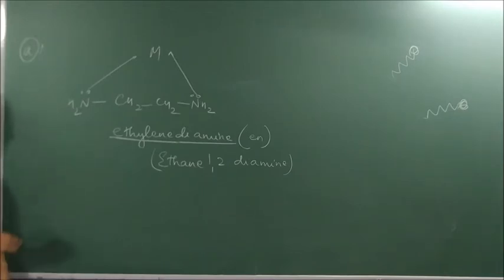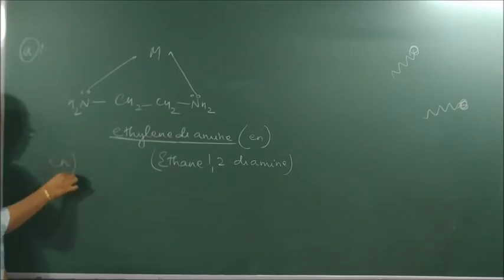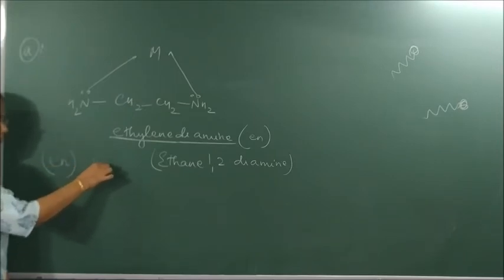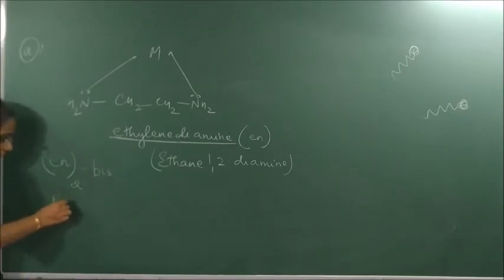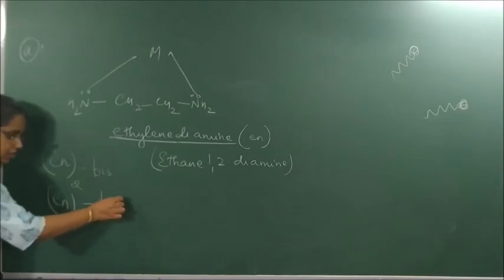Now the beauty of naming bidentate ligands. If a bidentate ligand is repeated twice, you write bis in front of it. Bis ethane 1,2 diamine means the bidentate ligand is repeated twice. If repeated thrice, it is tris.